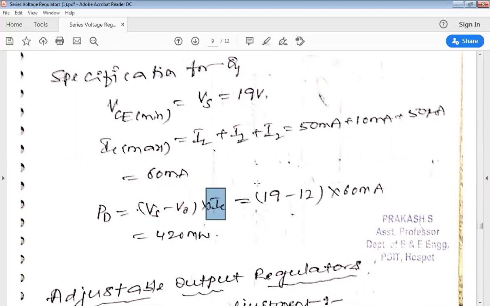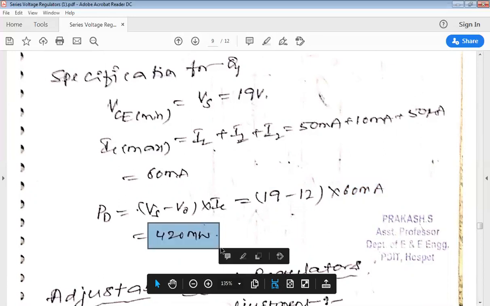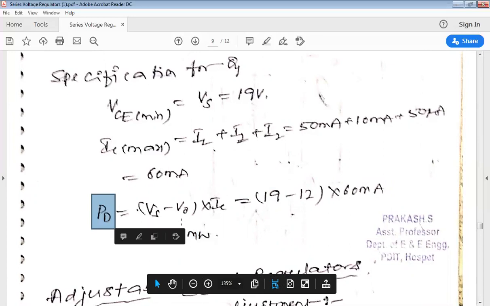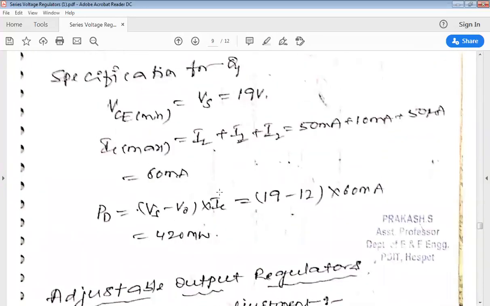Therefore, 19 minus the required regulated output of 12, into the total collector current of 60 milliamperes, gives 420 milliwatts. The power dissipation across the transistor is 420 milliwatts. From this, we have calculated all the values.